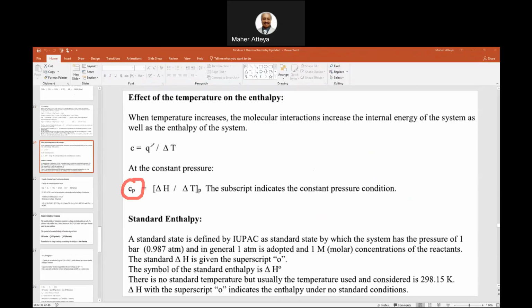And this is the same thing here, Q. Instead of Q, you put delta H, correct? That's the same thing. But the whole thing is under constant pressure.